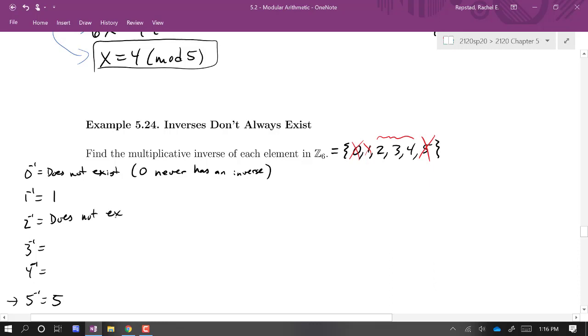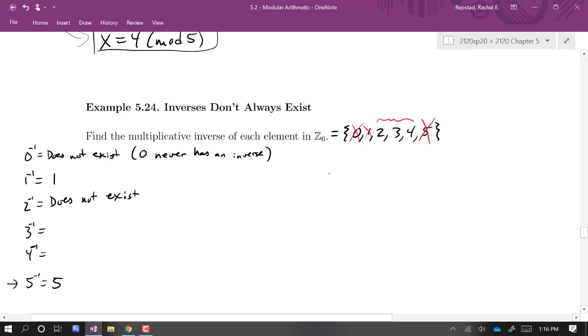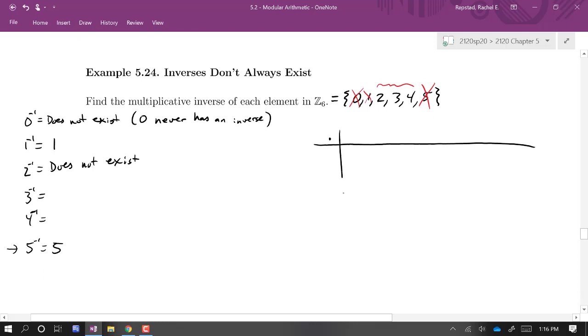In fact, I think there's a nice way to kind of finish out this problem. Why don't we go ahead and make a multiplication table for Z6.